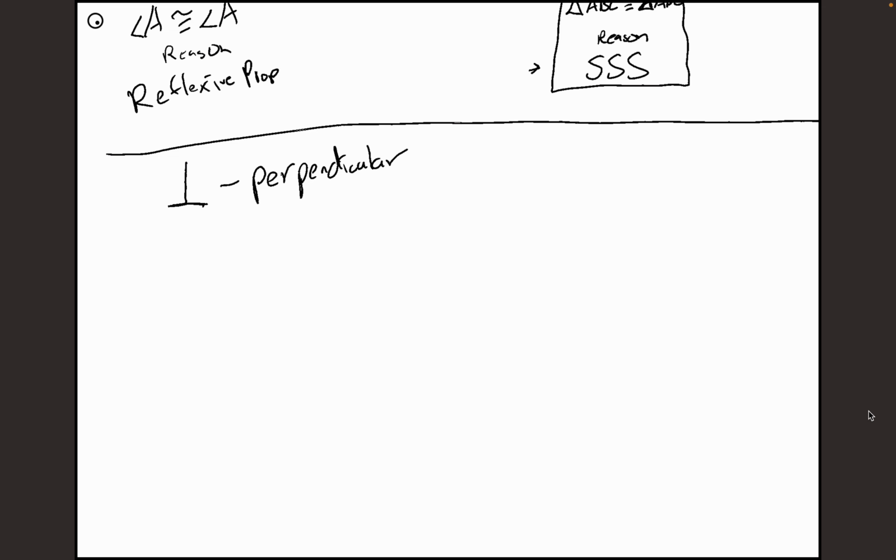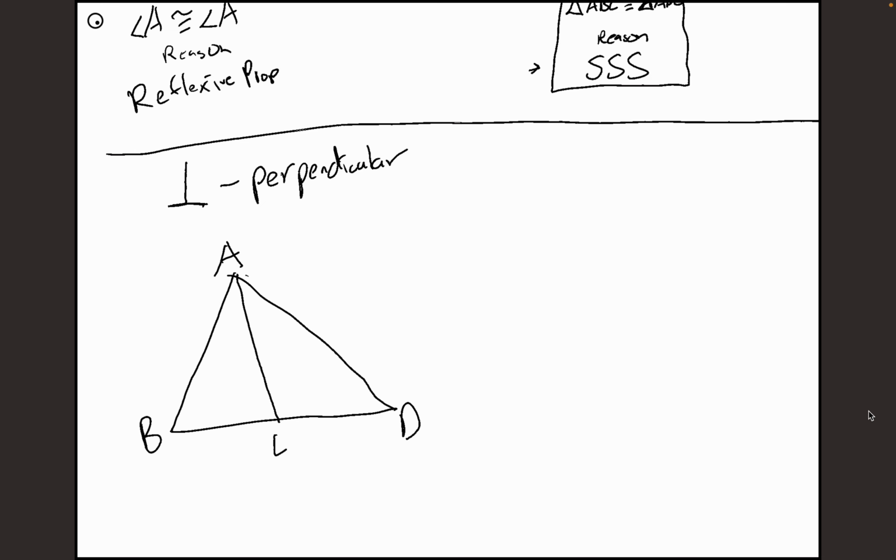So let me explain what that means because we're going to see this as well. Let's say I have, again, a triangle that looks just like this. This time, I say AC is perpendicular to BD. When we have 2 segments that are perpendicular, it's going to create 2 90-degree angles right here.